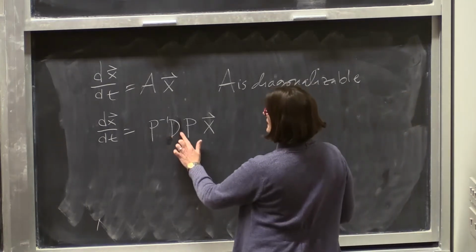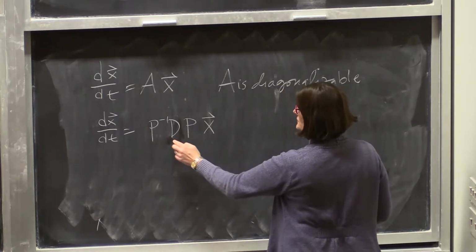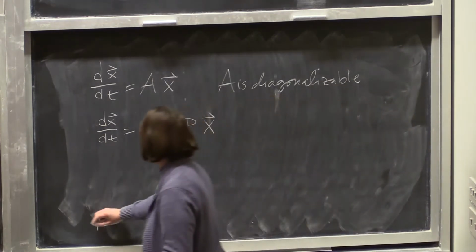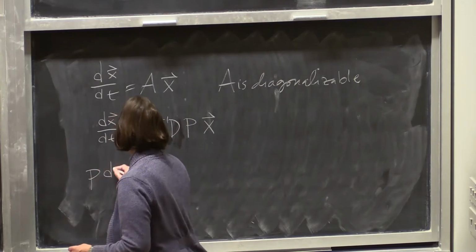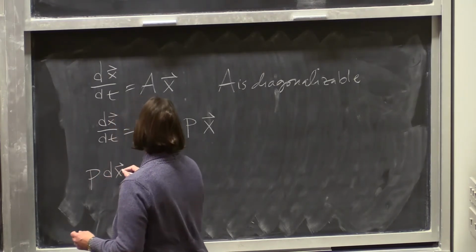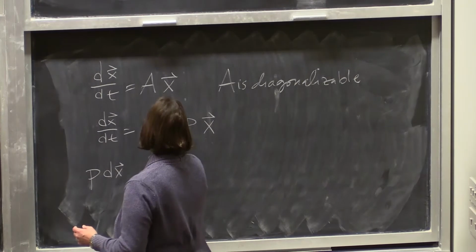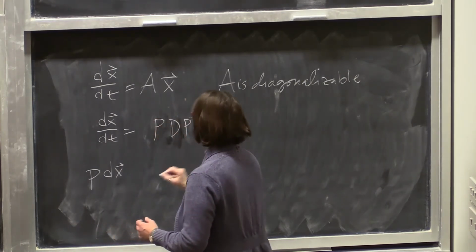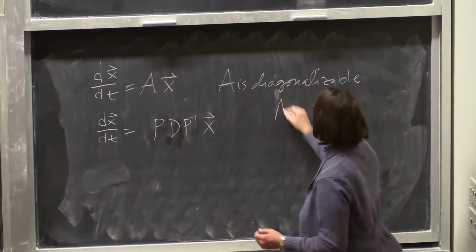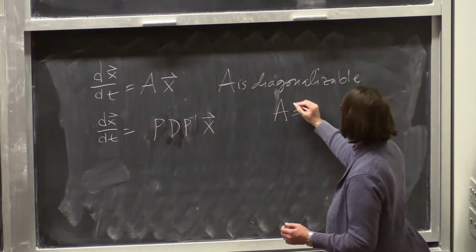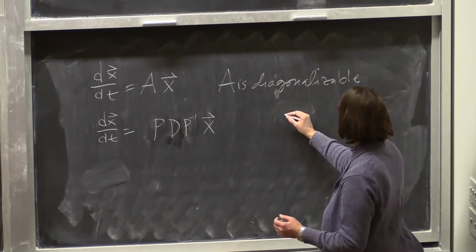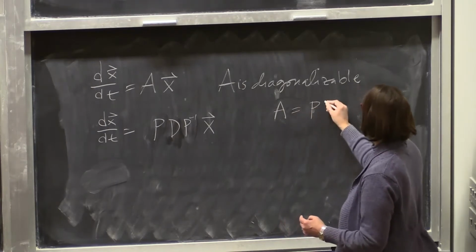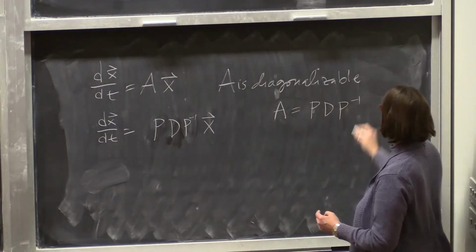The fact that I can write A as P D P inverse. I could multiply on the left-hand side, and I would get P dx/dt. Hold on, I got this backwards. I always get this backwards. A is diagonalizable means that A is equal to P D P inverse.